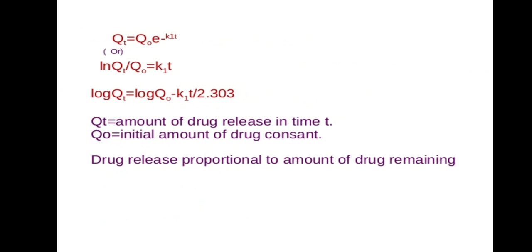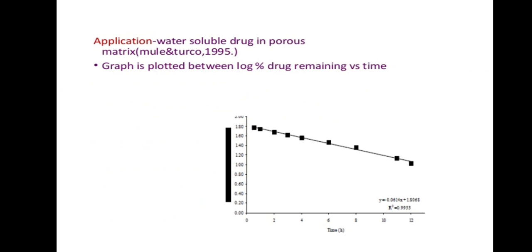Qt is the amount of drug released in time t and Q0 is the initial amount of drug. This is the graph plotted between log percent drug remaining versus time, with application to water soluble drugs.